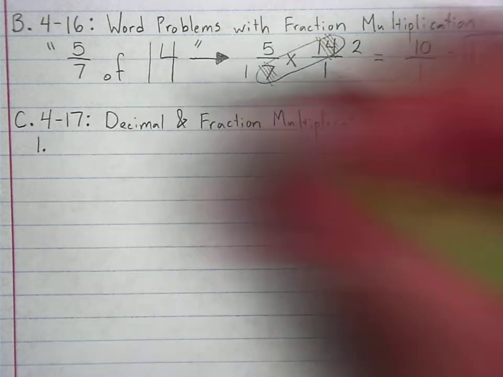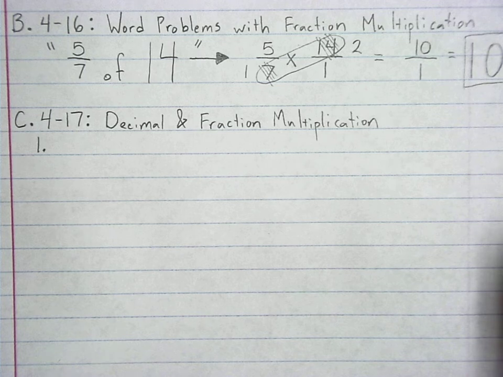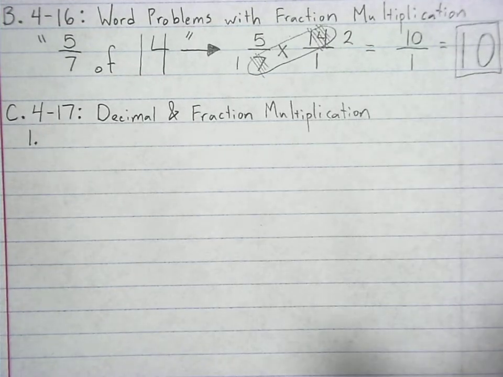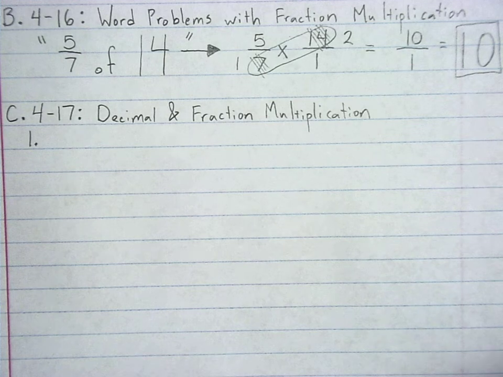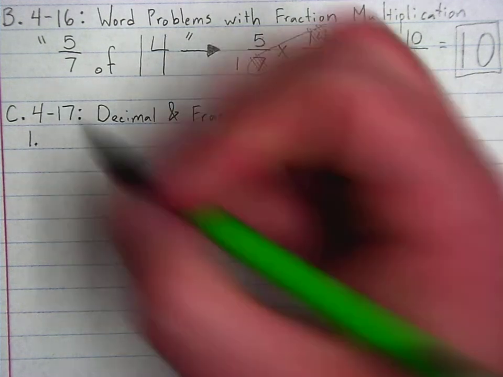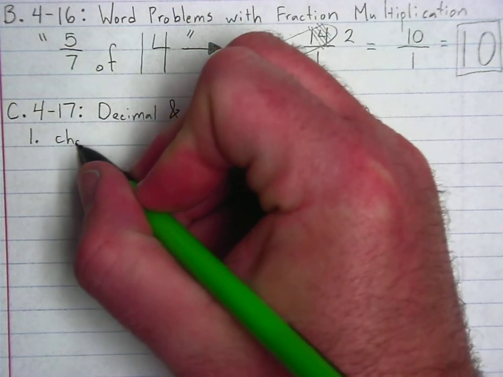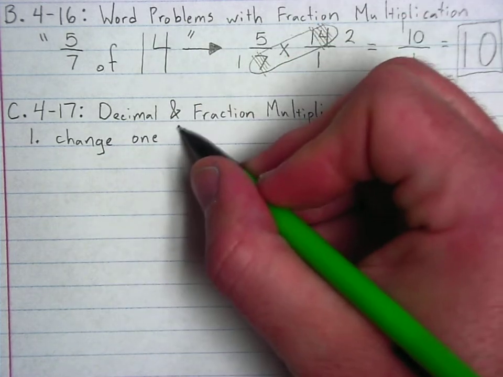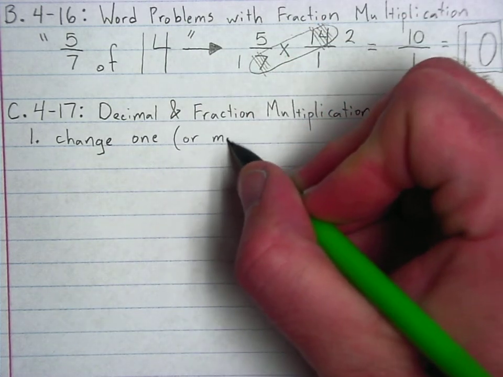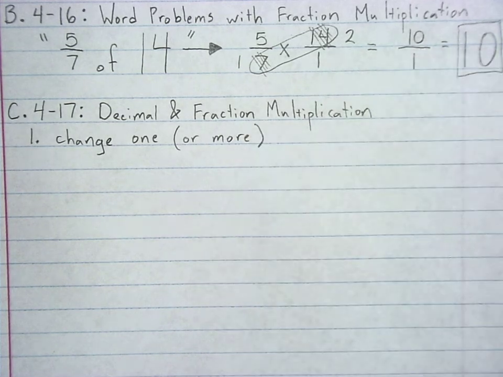Now for this we are going to have a couple quick notes. Really, that being said, even just one. Whatever you end up with, a decimal times a fraction times a decimal, you need to change one or more. Usually for us it's just going to be 1, but if you needed to change more, you could.